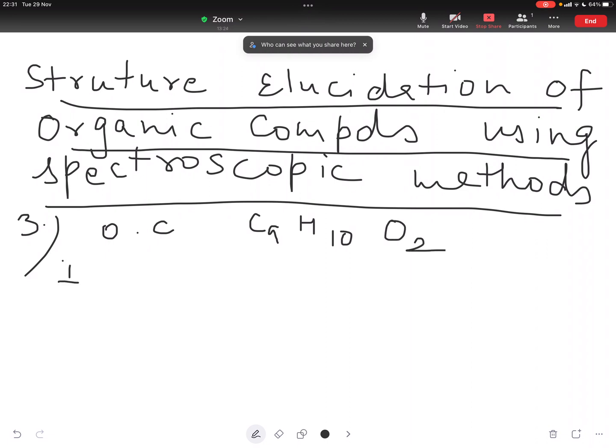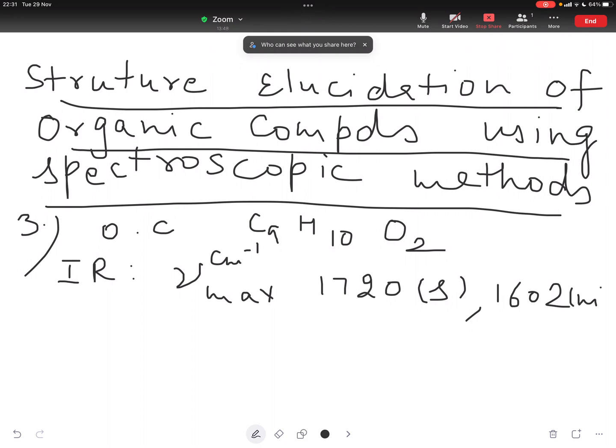And in IR we get bands at 1720, 1602, 1581, 1270, 1105.